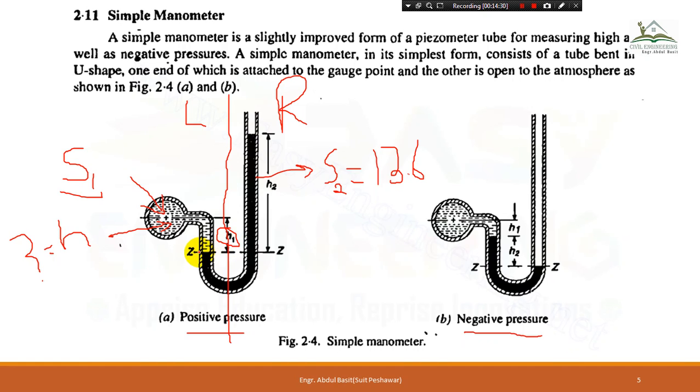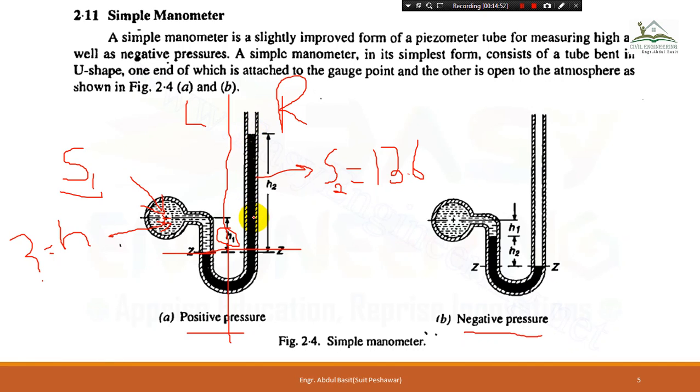That is with respect to the level of the mercury and the center of this pipe. So this is H1. Secondly, this level of the mercury is actually Z over here, that should be passed through both of the limbs. And then the level of the mercury in the right limb is increasing.